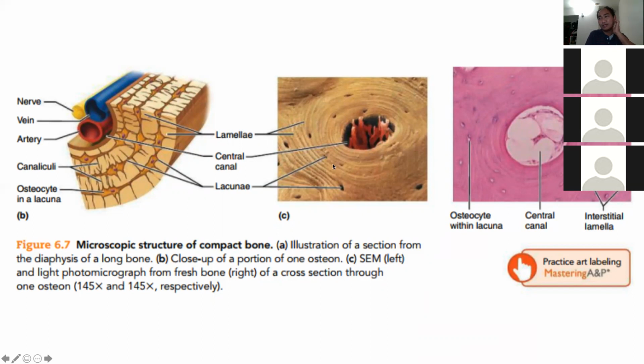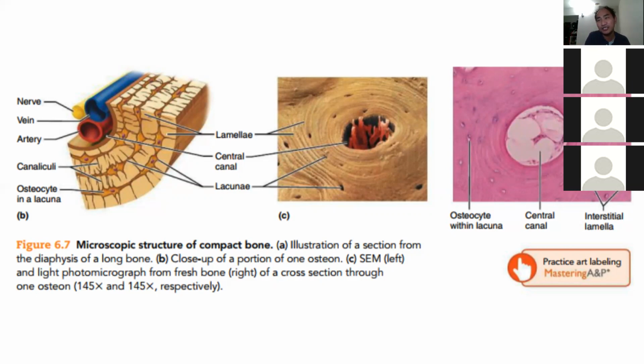And now you are seeing the lacunae. What do you expect in the lacunae? Of course, you expect some sort of osteoblast or osteocytes in the lacunae, isn't it? Osteocytes will be in the lacunae here because in connective tissue, the cells are present and they sit in the pockets of lacunae.